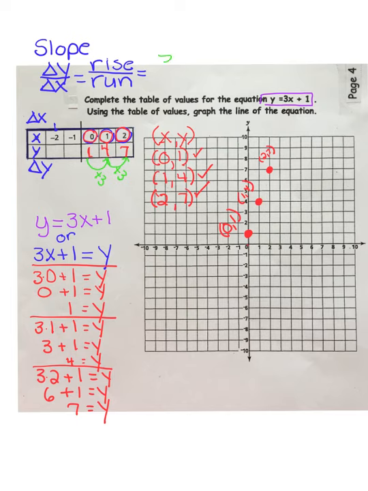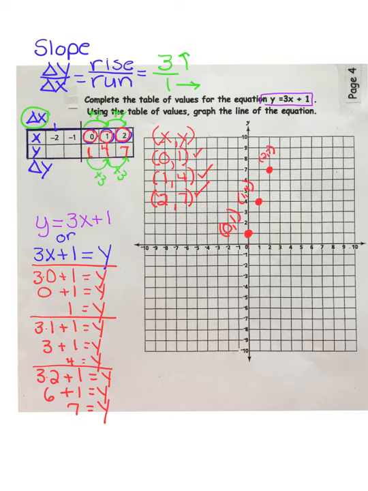So our rise, or our delta y, is 3. And our run value, or our delta x, well, we can see that we're increasing by 1. We are going to rise up 3 blocks and run 1 block to the right.